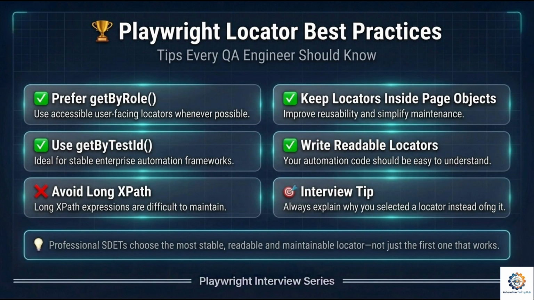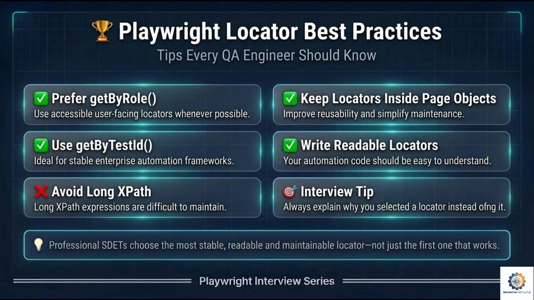Before we finish, here are some best practices every QA automation engineer should follow. Always prefer the getByRole method whenever possible because it reflects real user behavior. Use the getByTestId method in enterprise applications for maximum stability.